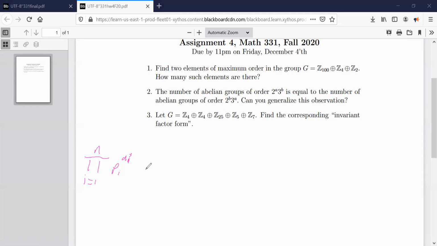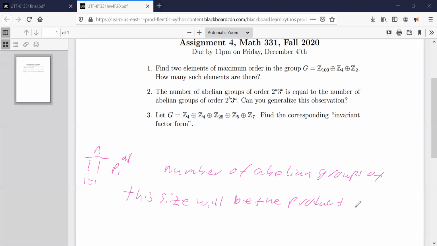So the number of abelian groups of the size will be the product of the partitions of our a_i's.